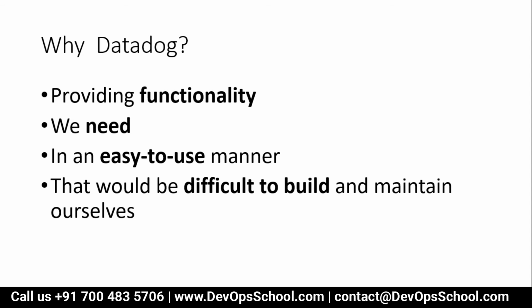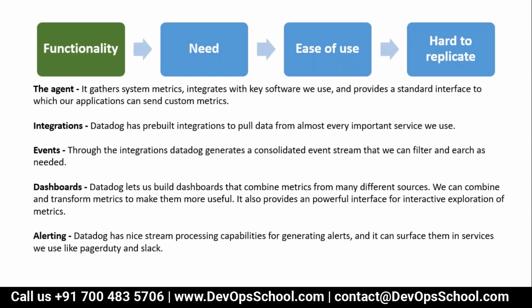Simple. So what is the functionality you're looking for? Basically, you're looking for something like an agent, which can gather different kinds of system metrics in a distributed environment, integrated with the key software you use, and provide a standard interface so our application can send custom metrics also.